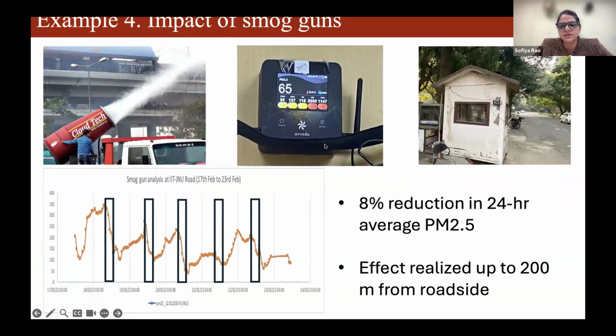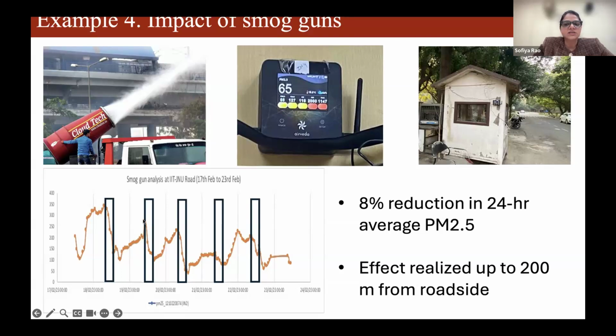up a few sensors on both sides of the road, one at the IIT Delhi main gate and the other at JNU. And we noticed that whenever the anti-smog gun crosses the road, there is an immediate reduction in the PM concentration, but after a specific time it starts increasing.